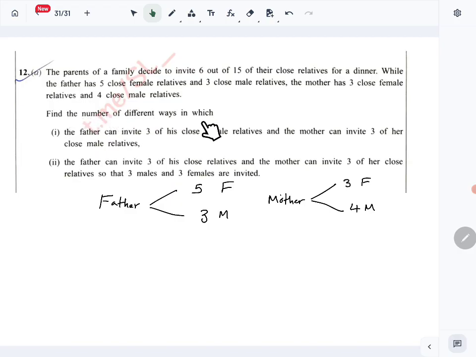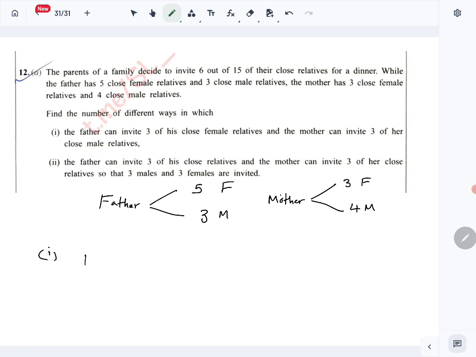Find the number of different ways in which father can invite 3 of his close female relatives, and mother can invite 3 of her close male relatives, right? So they invite 6. So in this instance, father has to invite 3 female relatives and mother has to invite 3 male relatives, right?